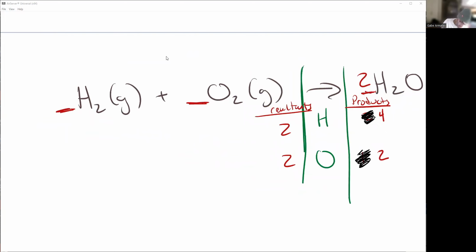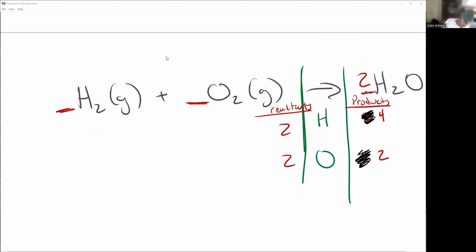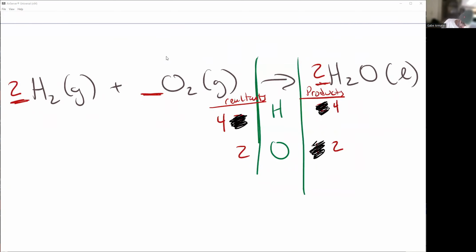How many hydrogens do I need? I need 4 hydrogens on this side. That means I need to put a 2 in front. That 2 is going to change just the hydrogen. Now I have 4 hydrogens on that side. Now let's check. Hydrogens are balanced. Oxygens are still balanced. This thing checks out. This thing is now balanced.